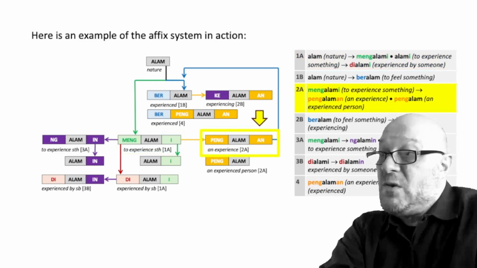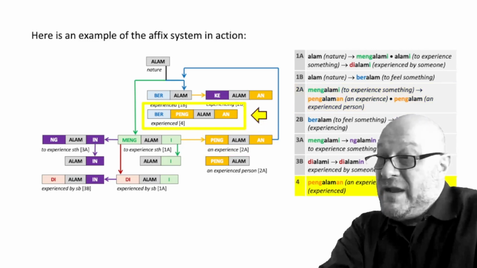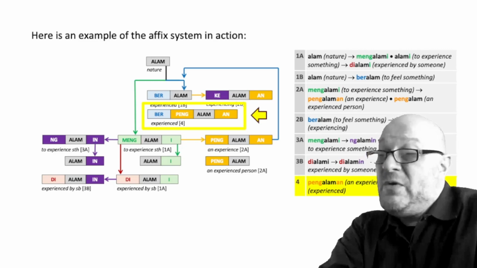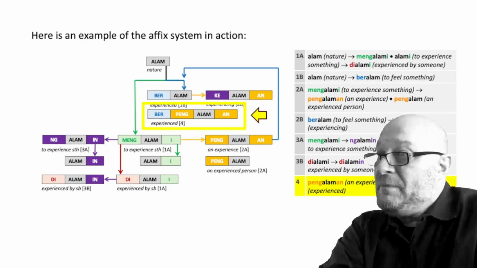Mengalami can be transformed into pengalaman to make the noun experience. Pengalaman that we just made can be spit out, fed back into the system to be prefixed with ber, to make berpengalaman, experienced.